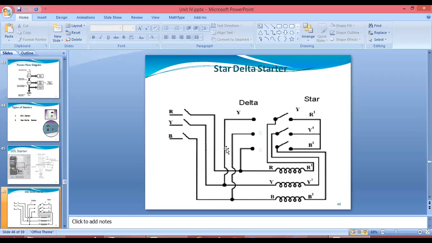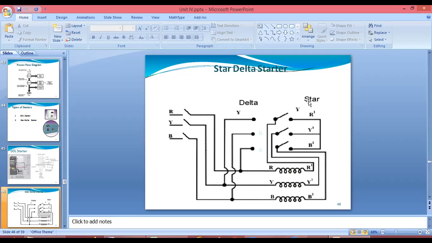And if this winding is reconnected as a star, for these connections, what do we mean by star?